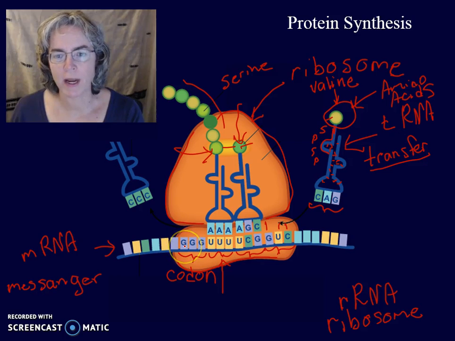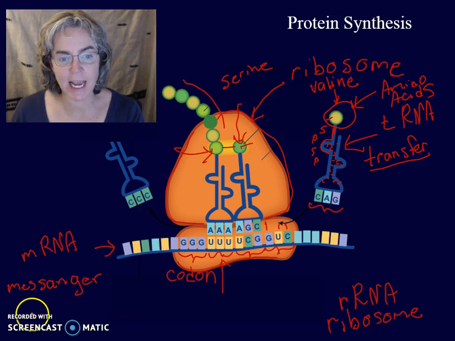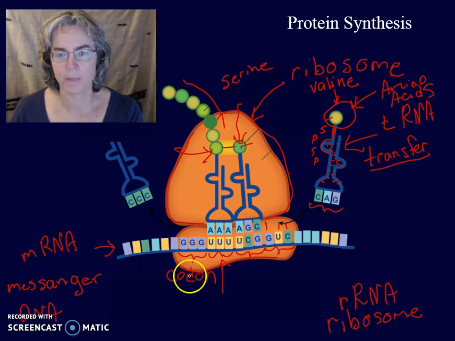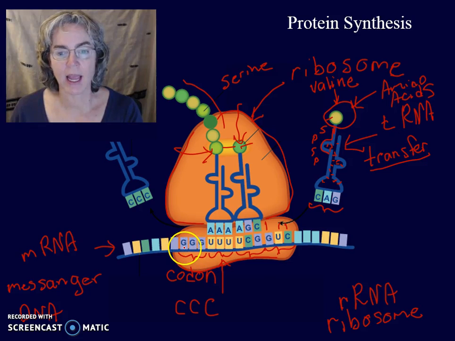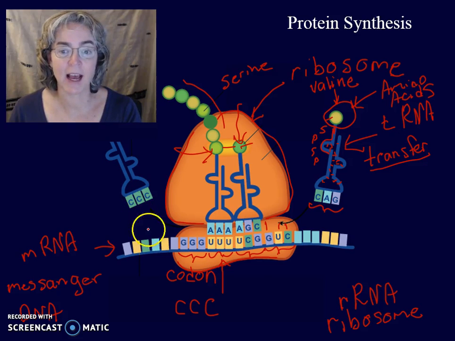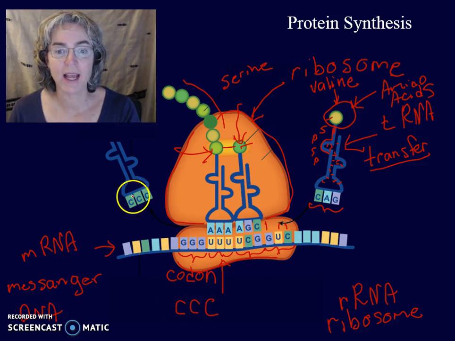So the sequence right here, GGG, the complementary bases for GGG in our DNA was C, C, C. In mRNA, it's GGG, and in the tRNA, it's, again, because it's complementary, CCC.